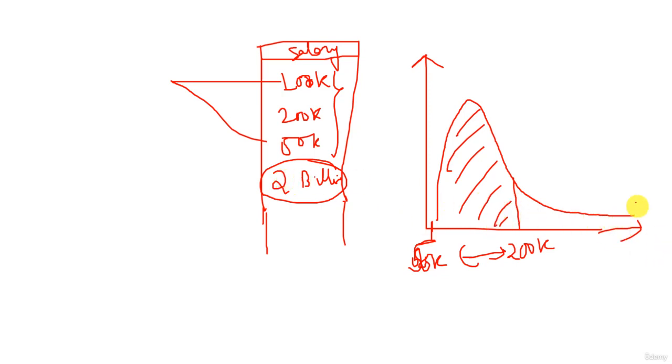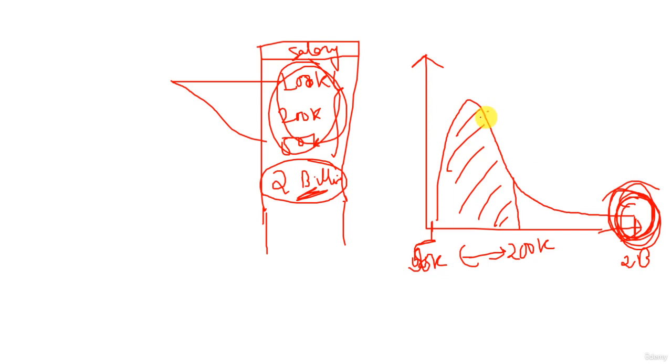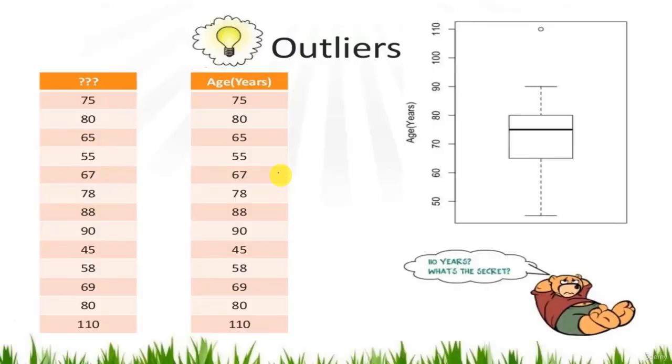Elon Musk's salary will be somewhere here, which is 2 billion. So the higher values are a minority, in lesser number, and lower values are in higher number, and that is what outlier means here. Considering that we have small values and eventually one large value, that large value will be the outlier.